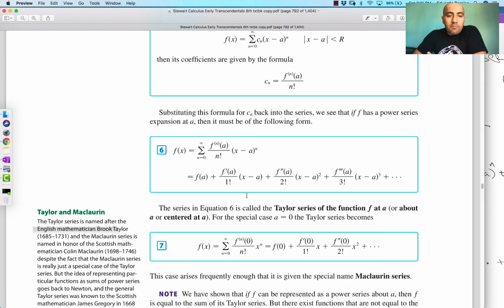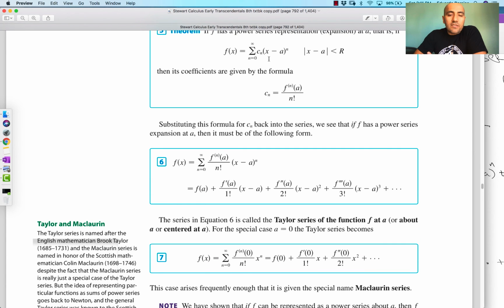Okay, so if we expand that out, that must mean, just the way I wrote a second ago, that this is true. The original function that can be expressed as a power series can be written this way.